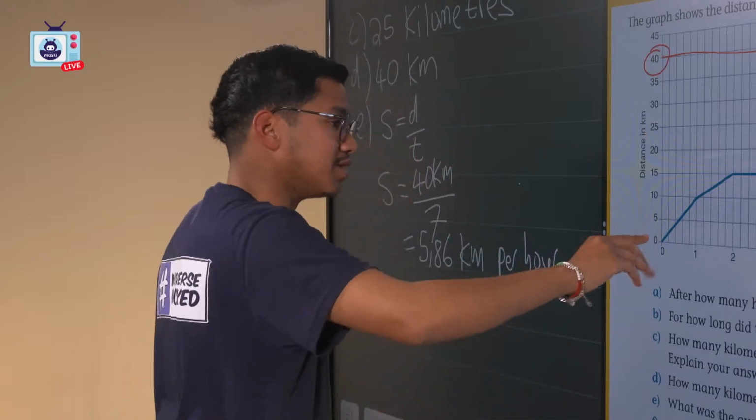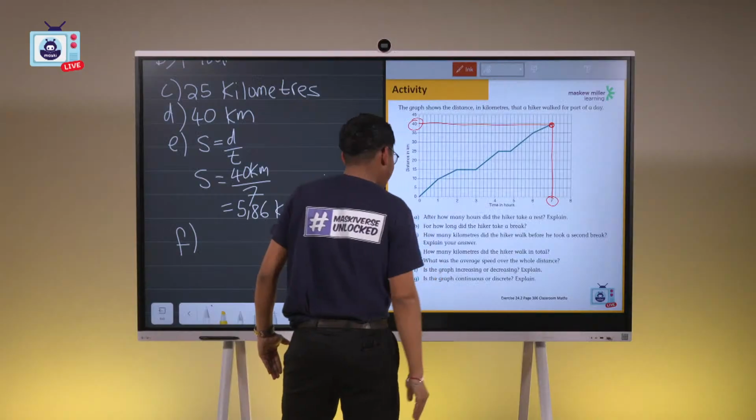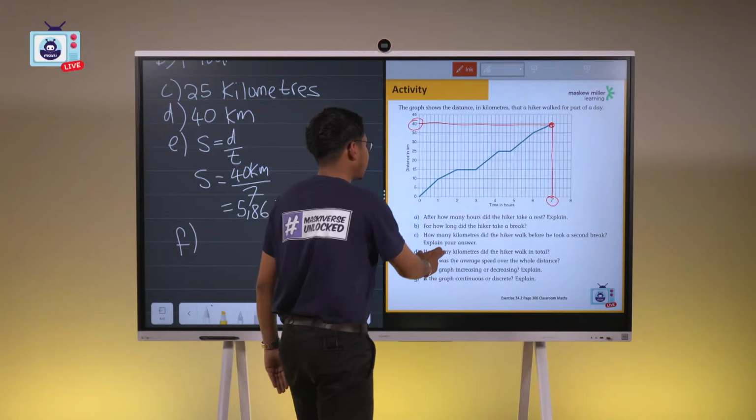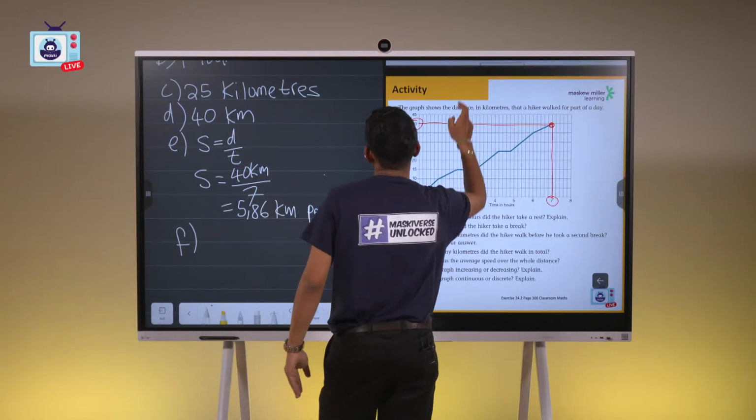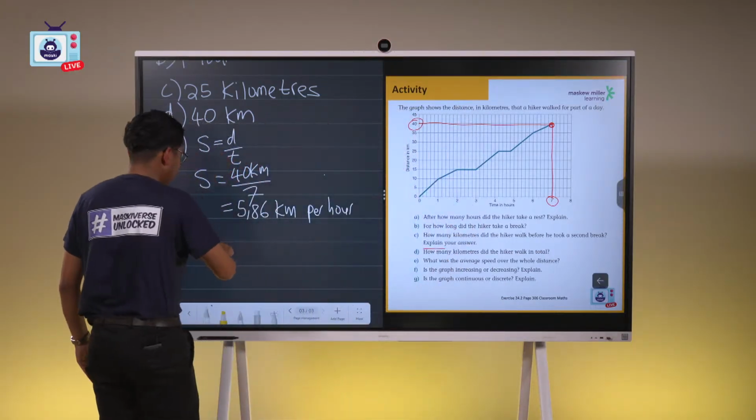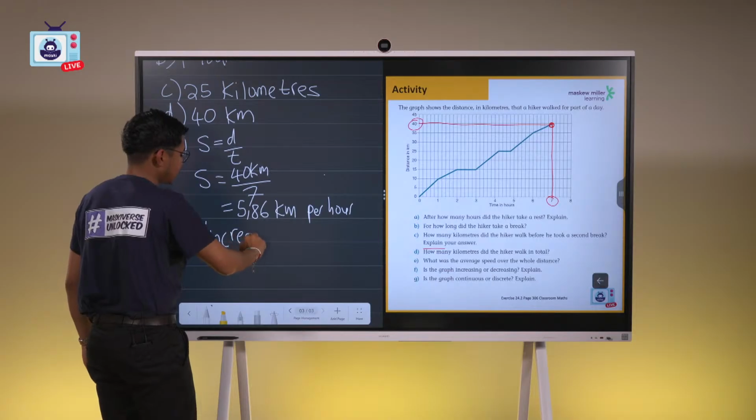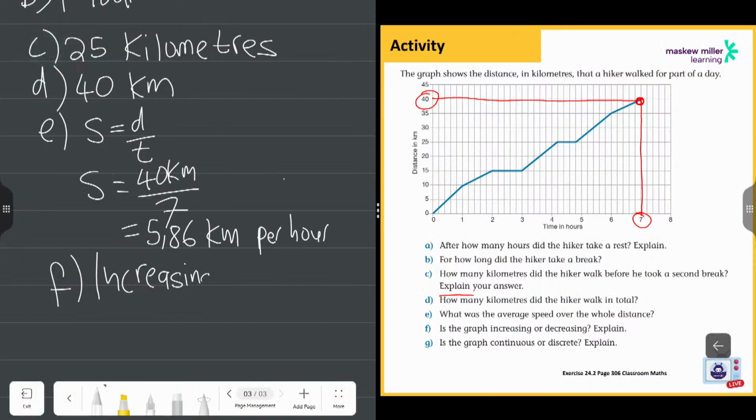It is very obvious here that we have an increasing trajectory, all right? So here we can say increasing, right? And there are various reasons we can give, because the more time that is walked, the more distance is covered, all right?